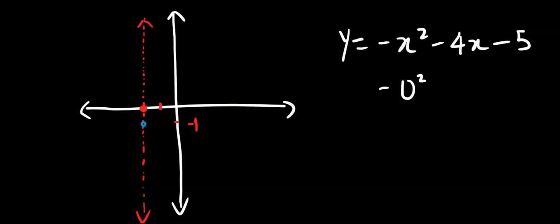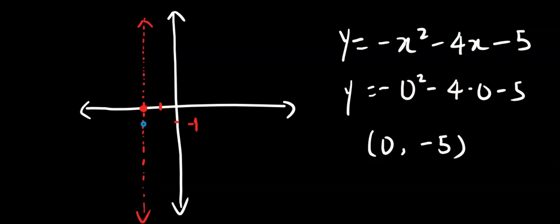So did you see how easy it is if I plug in 0? And what is y? So which means if I have x is 0, y is going to be negative 5. This is my easy point. I'm going to plot 0, negative 5: negative 1, negative 2, negative 3, negative 4, negative 5.